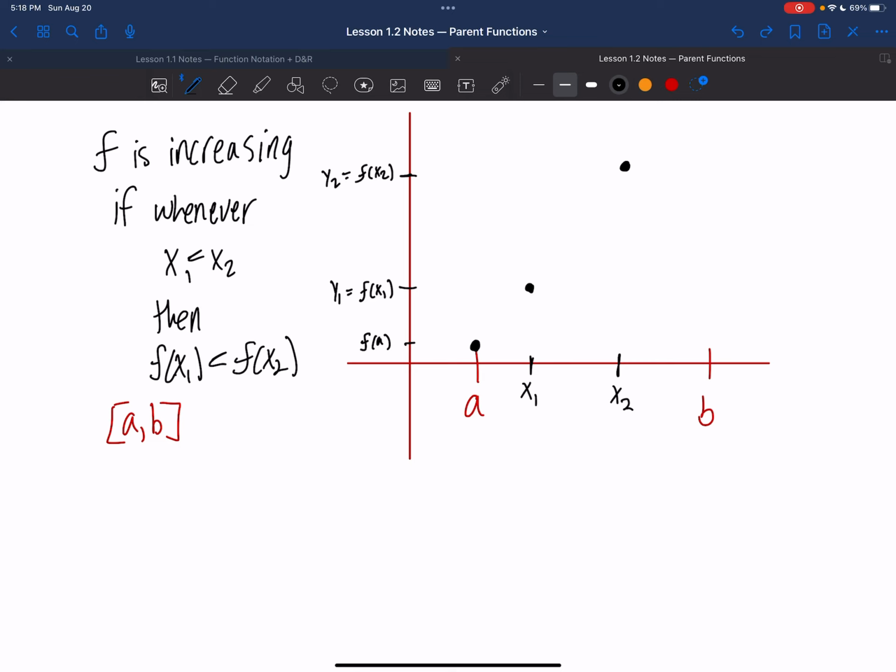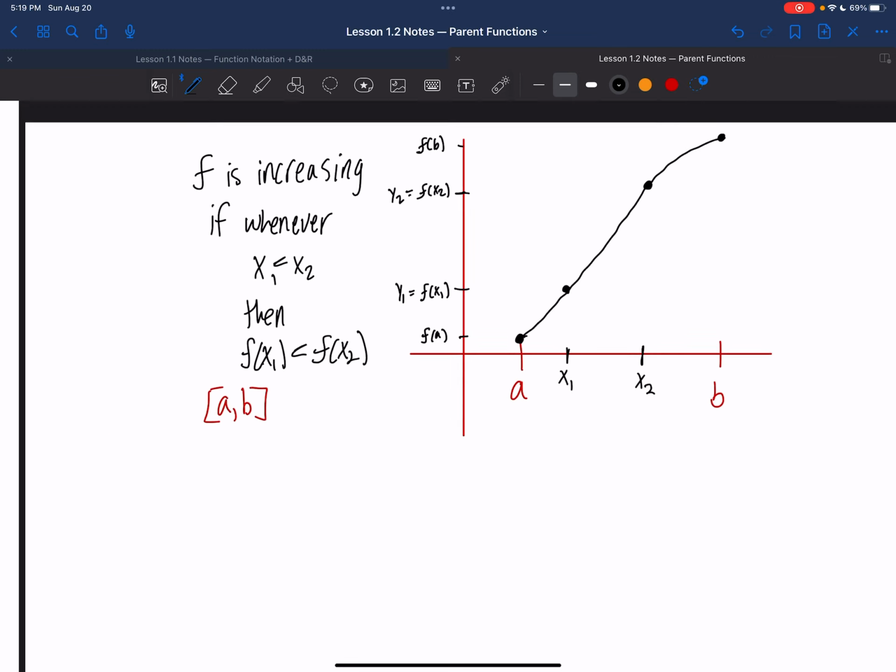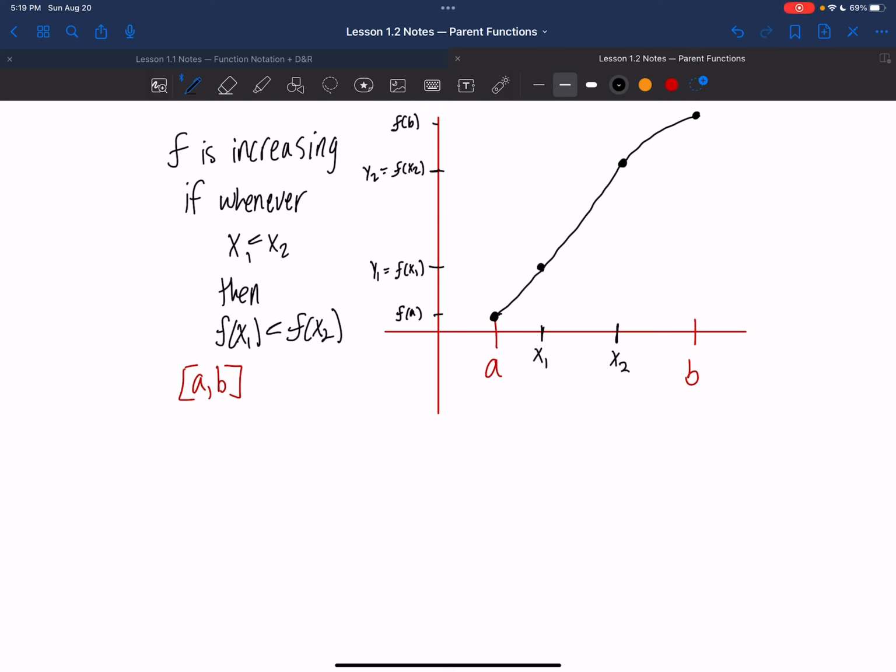Okay, so I'll just call some maximum point like right here, and I'll call that f of B. And I could connect these dots somehow. Maybe it looks like that. Okay? And this is just an example function. This is what it's meant to be increasing. It's just that the smaller, I think you get it. As x goes up, y goes up.